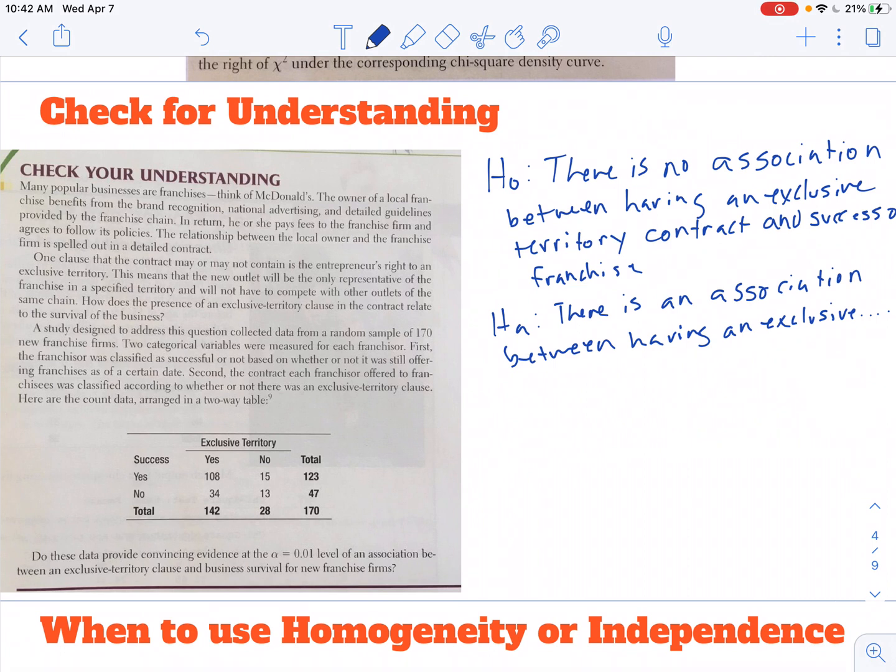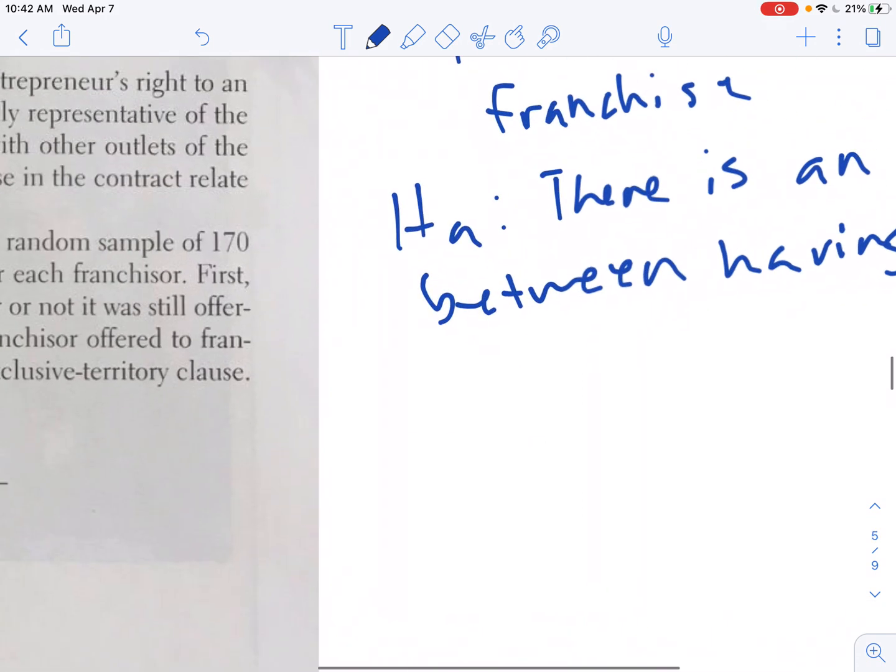I've already plugged this table as a matrix into my calculator. And from there, I'm going to start talking about the conditions. First of all, this is going to be a random sample. We did the random sample of the 170 new franchise firms, so we check off the random sample.